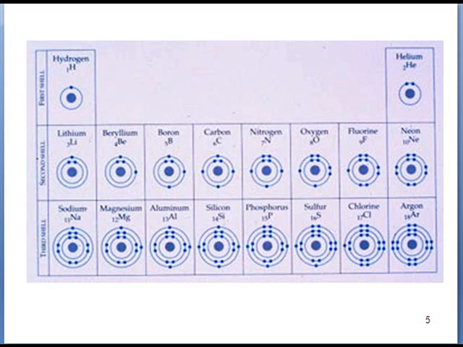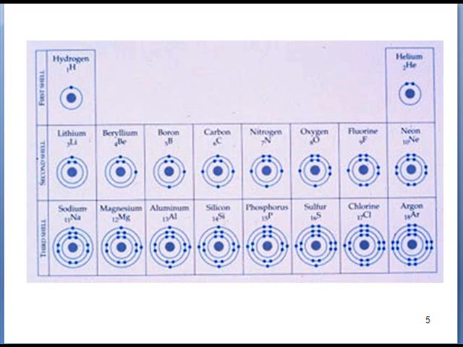Since atoms interact by bumping into each other, the chemical properties or the behavior of all the atoms in that column, hydrogen through sodium, they all have one electron in the outermost shell. So one might suspect that all of those atoms might behave chemically the same, and in fact they do.